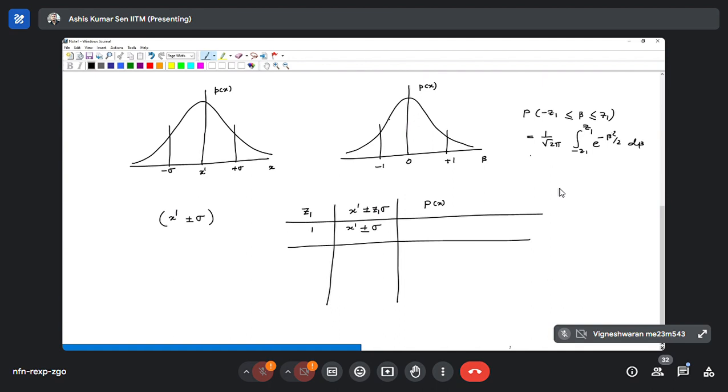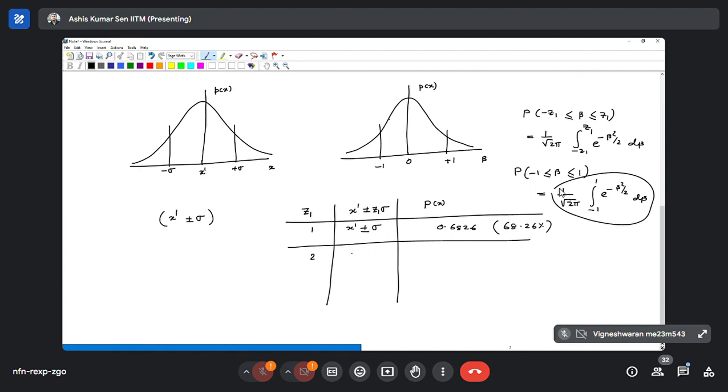When z1 equals 1, it is from minus 1 to 1, 1 over square root of 2 pi, e to the power minus beta square by 2 d beta. If you evaluate this integral, this is going to be 0.6826, or in probability terms, 68.26%. I will come back to what it means.